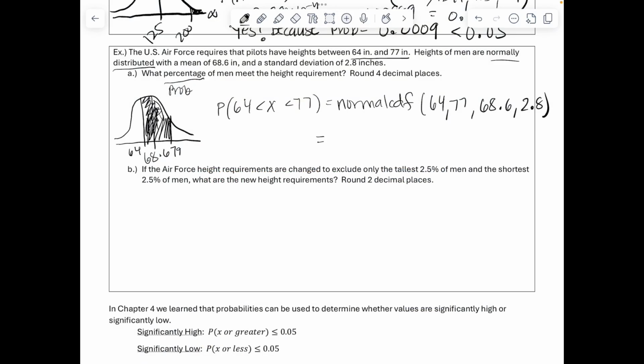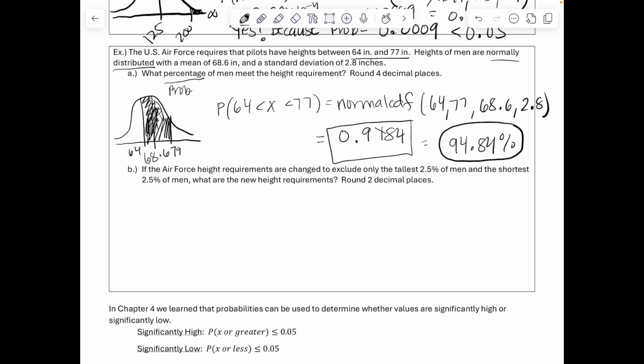From the graphing calculator and rounding to 4 decimal places, we get 0.9484, or writing this as a percent, so this is our answer as a probability, we get 94.84%. Again, moving our decimal place twice to the right.